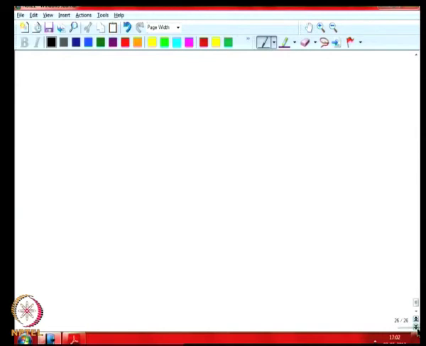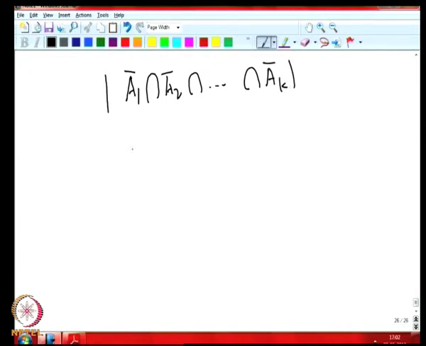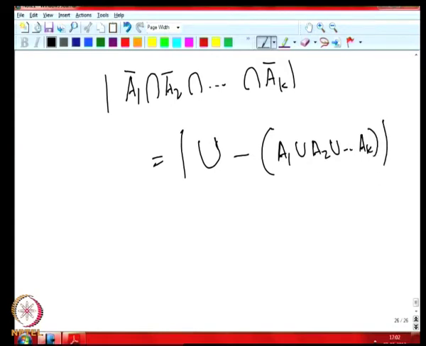For instance, up to now we were saying that I am interested in A1 bar intersection A2 bar intersection AK bar, which is essentially the cardinality of U minus A1 union A2 union AK, right.